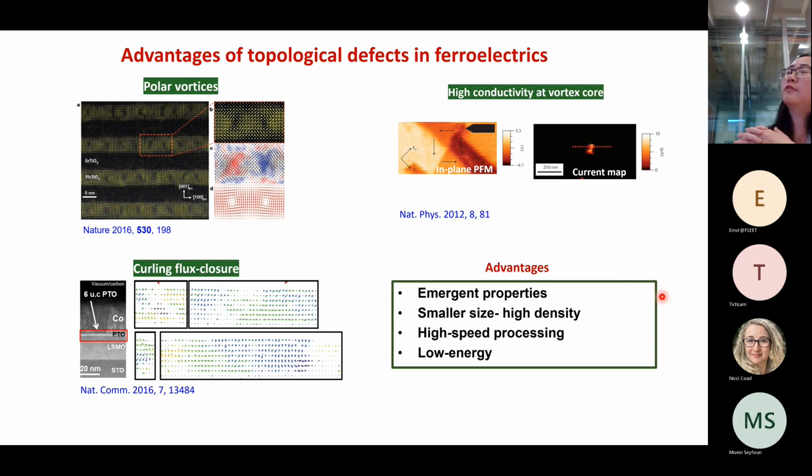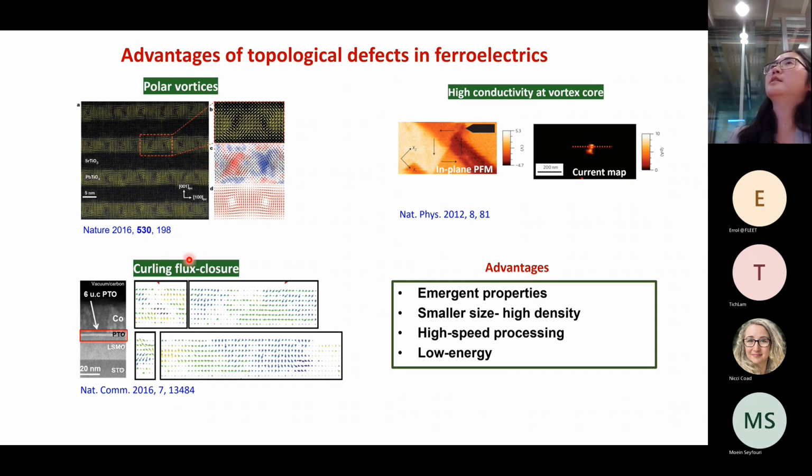In ferroelectrics, it has been reported in a lot of ultra-thin heterostructures that the size of these topological defect structures is as small as 5 nanometers or even smaller.